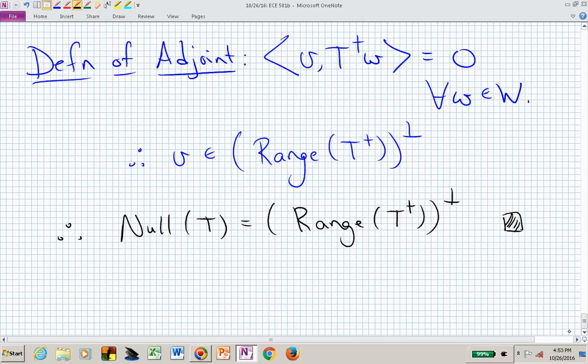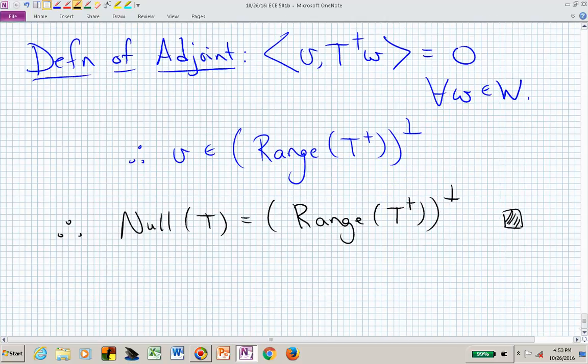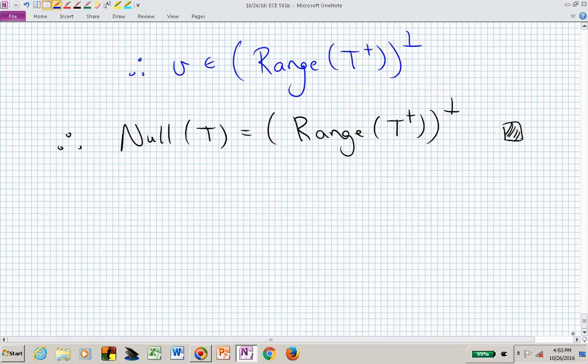And I'm going to say that we're essentially finished because we can now take orthogonal complements of those two results to demonstrate the other two statements.